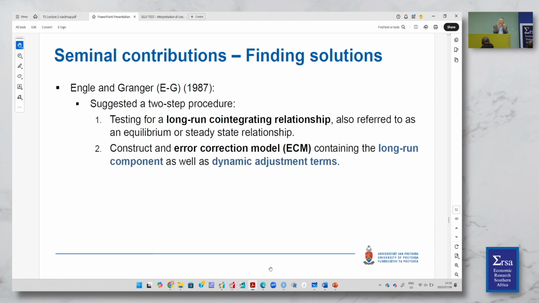We want to fix the statistics, but we don't want to lose the economic theory. So they suggested, and all the other co-integrating procedures do exactly the same, working with these concepts just in different ways, some more technical, some just different approaches.